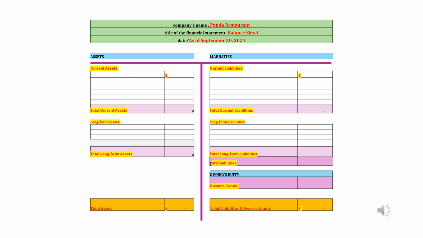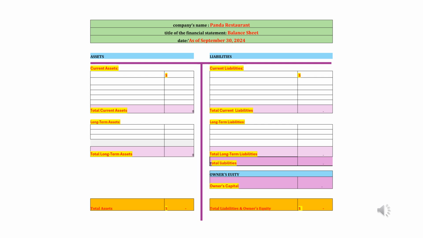Unlike an income statement, which covers a period, a balance sheet captures a company's financial standing at a particular instant, like taking a picture of its assets and liabilities at that moment. Categorizing assets and liabilities. The next step is listing assets and liabilities, categorized as follows. Assets.